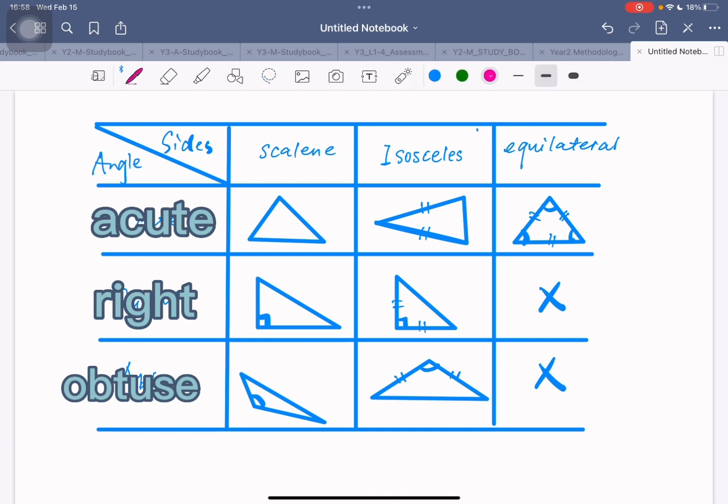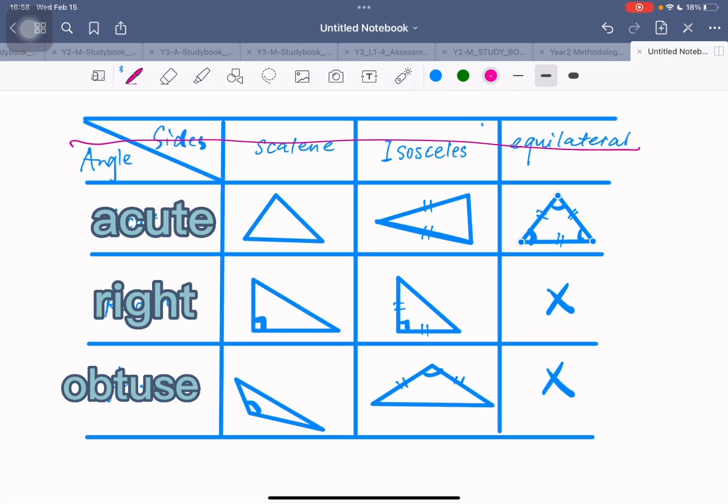As you can see, in the first row, I have written down all the three kinds of triangles we can have by just looking at the sides. And in the first column, I've written down all the different features by just looking at the angles. But when we combine them together, we can have different kinds of triangles.